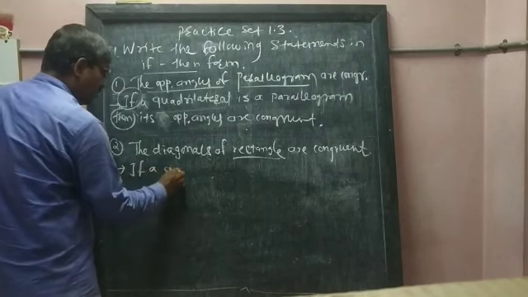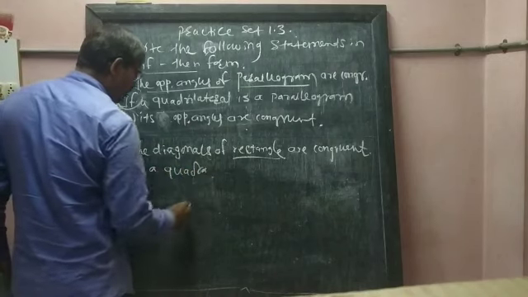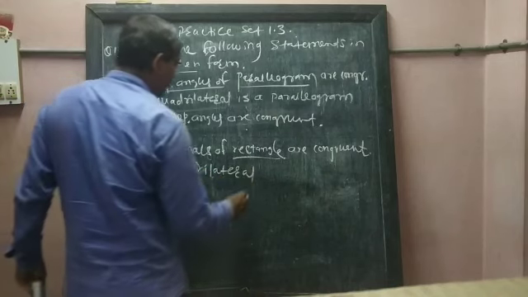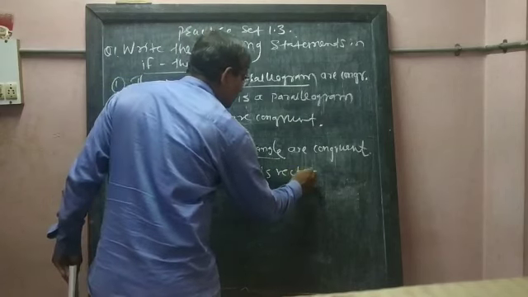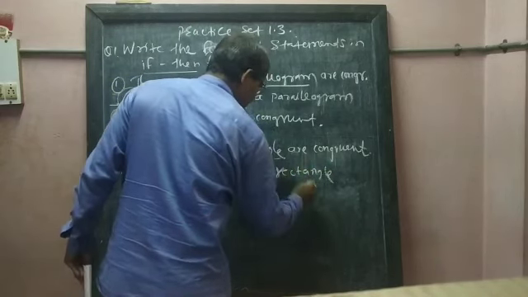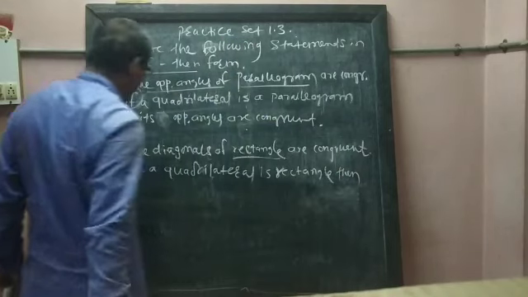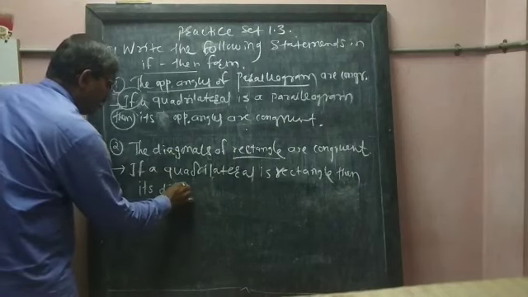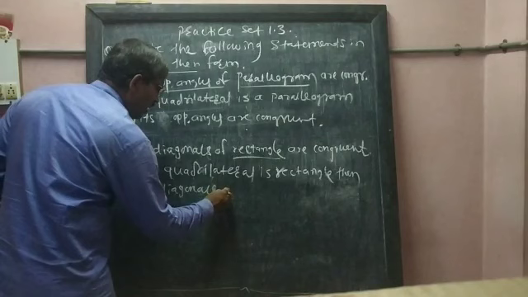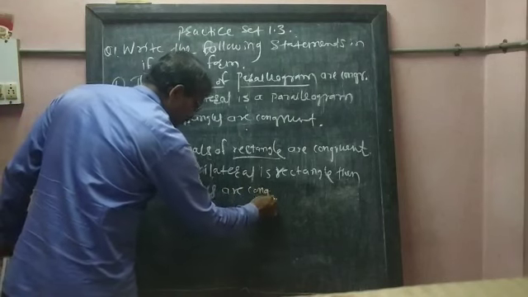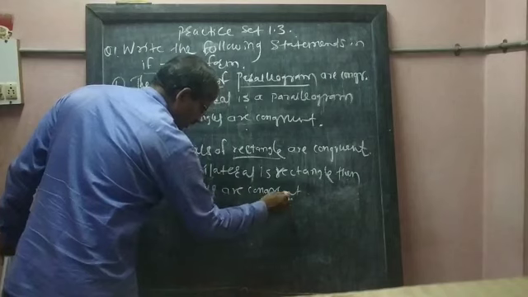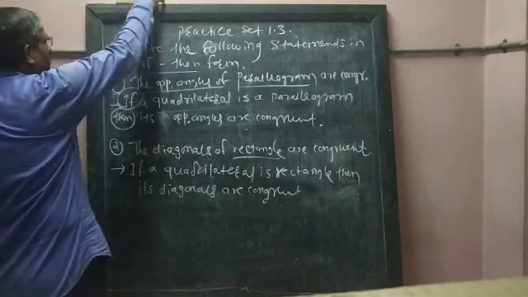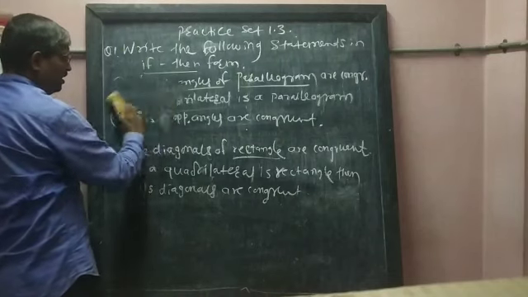If a quadrilateral is a rectangle, then its diagonals are congruent. Understand? So it is very simple. Such questions are asked in exam.